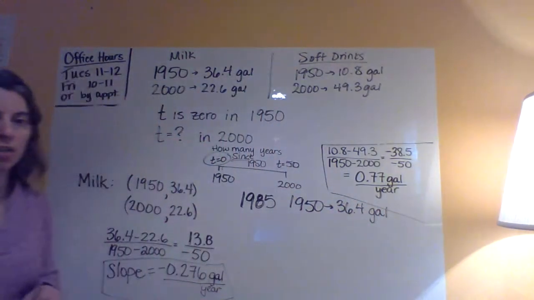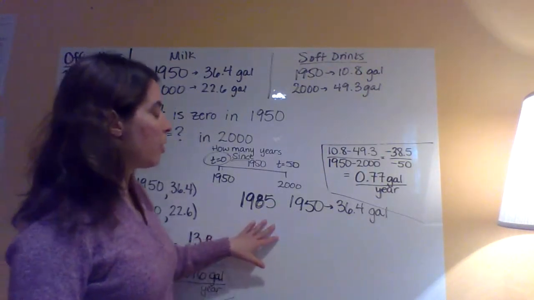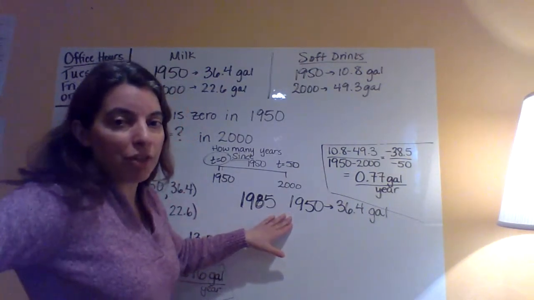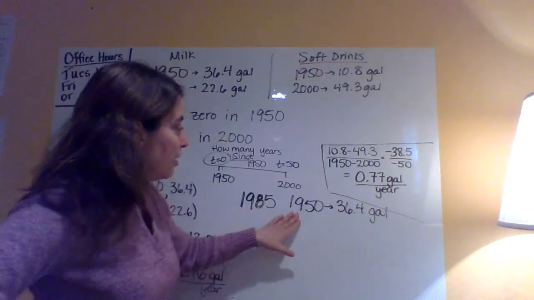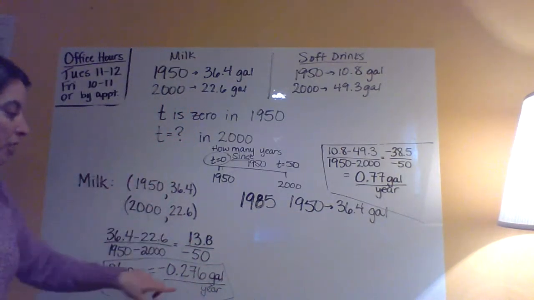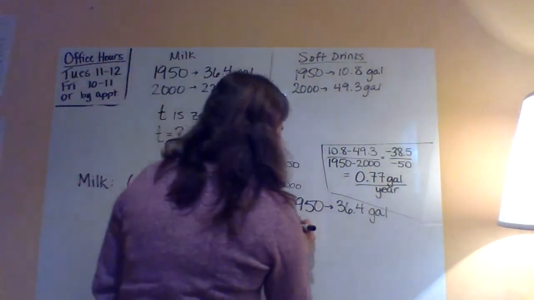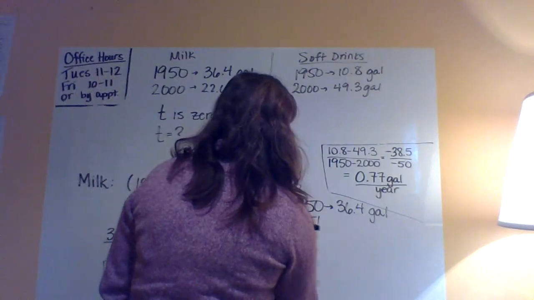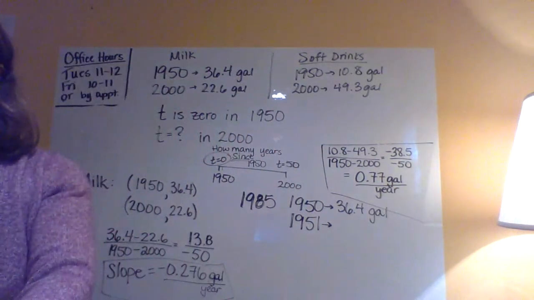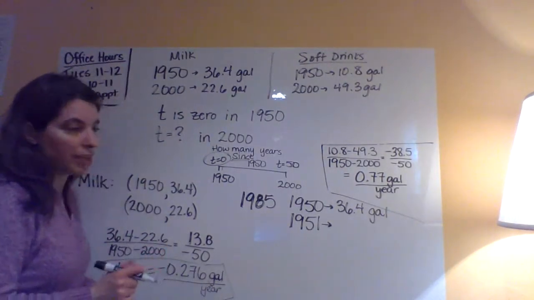So what I want you to do first, if you kind of see how to do this, you can go right ahead and do it on your own. If you're not quite so sure, let's work through it a little bit. So in 1950, it was 36.4 gallons. Our slope tells us that it goes down a certain amount every year. So what would my consumption have been in 1951? Well, it wouldn't have been 36.4 gallons, and it didn't go up.